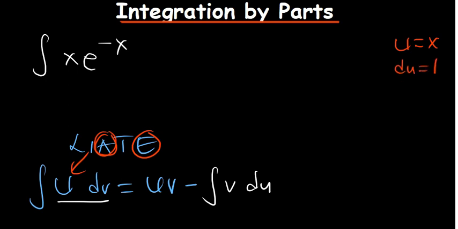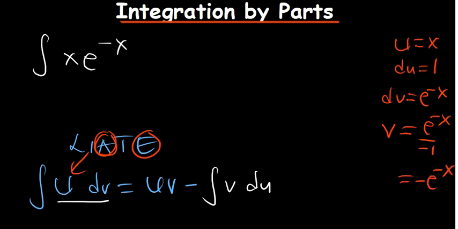So if our u is x, our dv is the remaining part, which is the exponential e to the power negative x. So our v, which is the integration of that, is e to the power negative x divided by the derivative of the power. The derivative of negative x is negative 1, which reduces to just negative e to the power negative x.